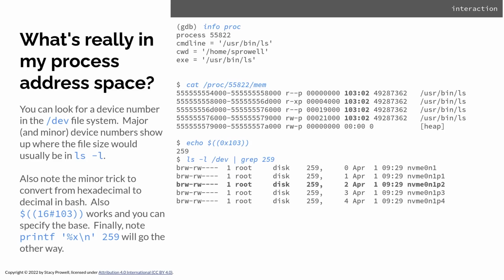So if we then list /dev and grep out 259, we'll see that 259 refers to some of the NVMe drives on my system. And in particular, the one that's bolded here, 259 and 2, which is the minor device number, refers to nvme0n1p2, this particular partition on the device.